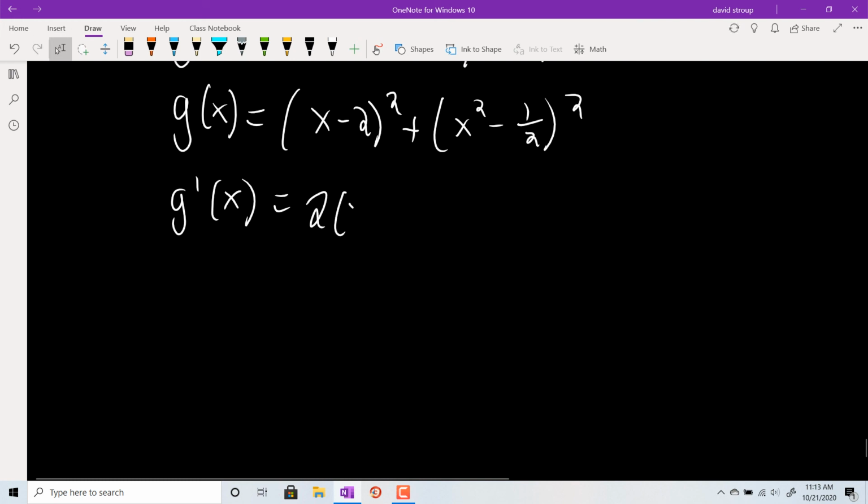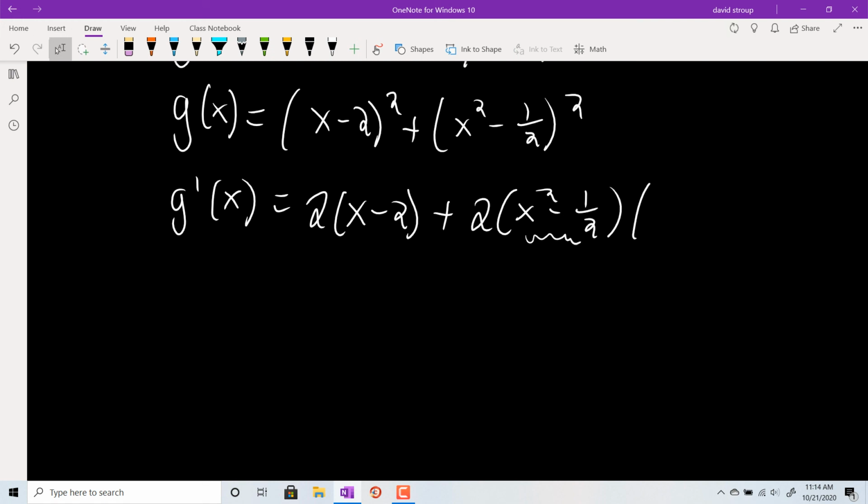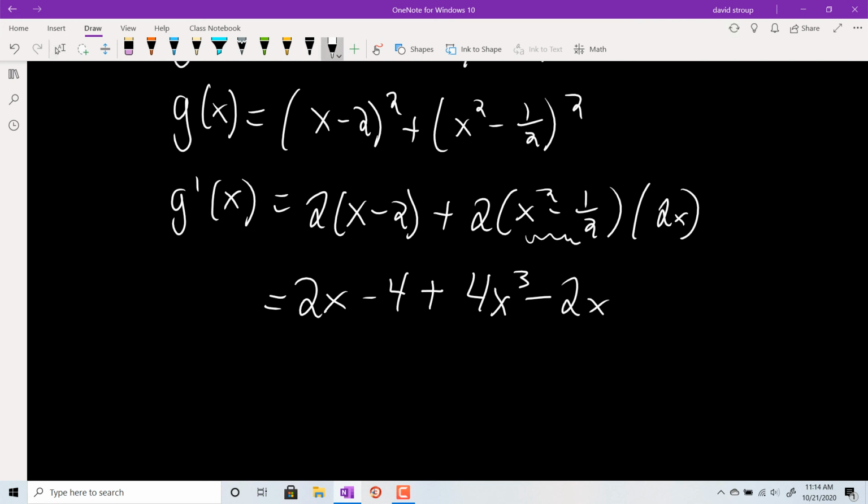So 2 times x minus 2, plus 2 times x squared minus 1/2 to the first power times the derivative of the guts, which would be 2x. That'll be 2x minus 4 plus 4x cubed minus 4x times 1/2, which is minus 2x. That ends up being 4x cubed minus 4.